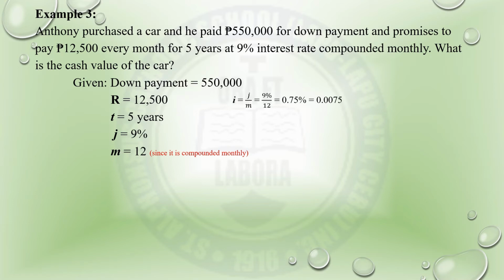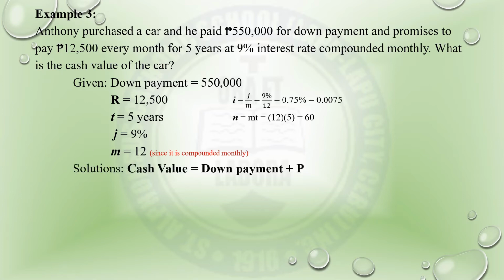And the answer would be 0.75% or 0.0075. And also, we have to get the value of N, which is the total number of conversion periods, and it is the product of M and T. So, substitute the values of M and T, which are 12 and 5, and the answer is 60.